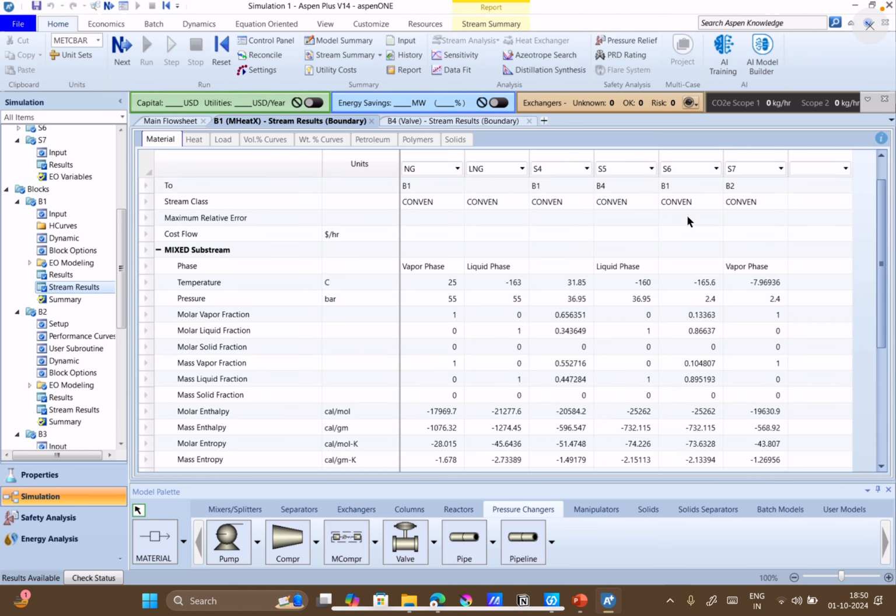Sir, the LNG temperature is very low, at minus 160. Yes, it's possible in ideal conditions. These are the commercial methods.